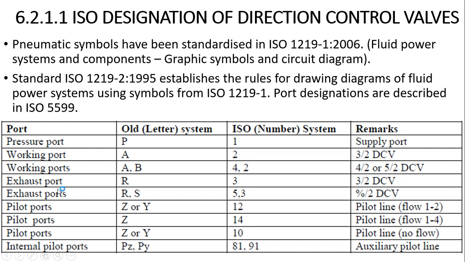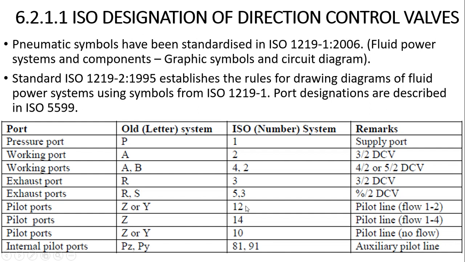Exhaust port: these are the return or exhaust ports. Previously labeled as R, now labeled as 3, 5 and 3. So 1 is pressure, 2 and 4 are working, 3 and 5 are exhaust. Exhaust means it should be connected to the atmosphere. Pilot ports, Y or Z.